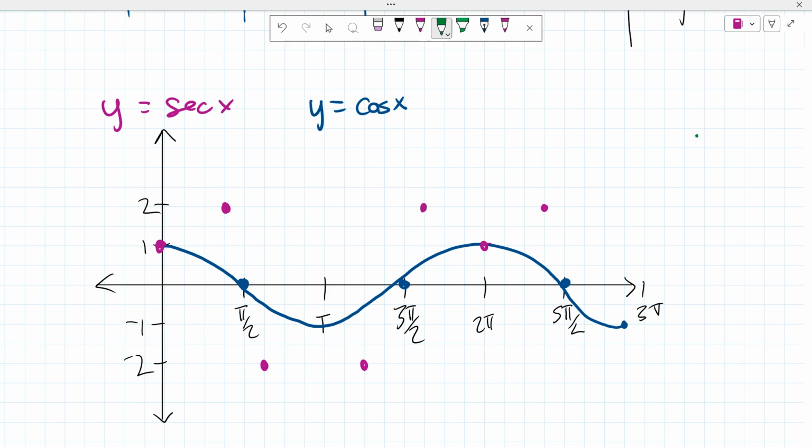It's what? Undefined. Because the reciprocal of 0 is 1 over 0, which is undefined. We cannot divide by 0. So we're going to have an asymptote there, an asymptote there, and an asymptote here.